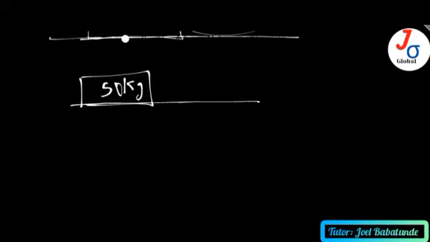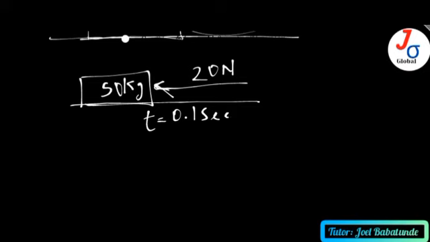And then you are applying a force in this direction, a force of 20 newtons. And the time of impact is 0.1 seconds. Now the question is, what is the impulse?